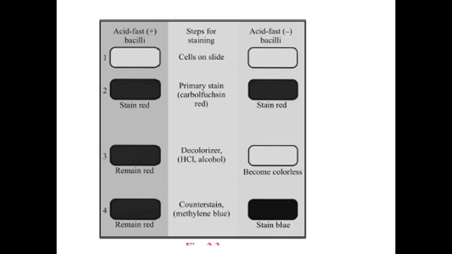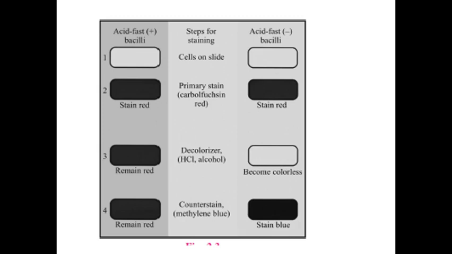You can see on the slide there are two bacteria, an acid fast positive bacillus and an acid fast negative bacillus. In the first step, the cells on the slide are both unstained, but when we add the primary stain, carbol fuchsin red, both bacterial cells appear red. After that, in the third step, we decolorize with the combination of HCl and alcohol.